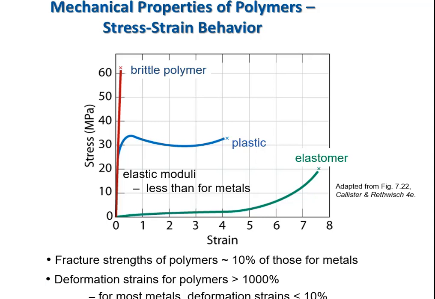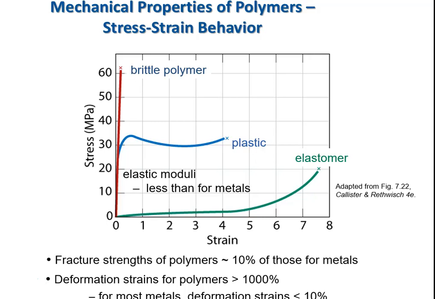So if you look at the red line, that's a brittle polymer. That would be something like a fully cross-linked epoxy with no tougheners. It's going to behave almost like a ceramic. All of its deformation is going to be elastic, no yield, breaks, very little strain, very little area under the curve. Very strong, so high force, no displacement.